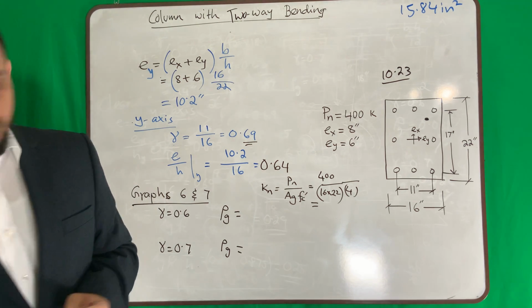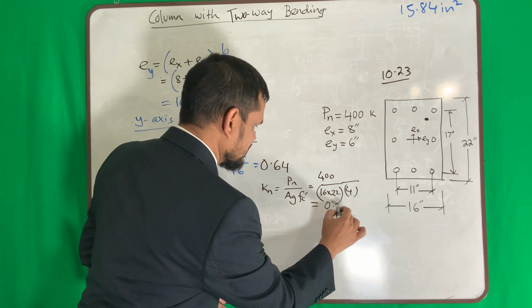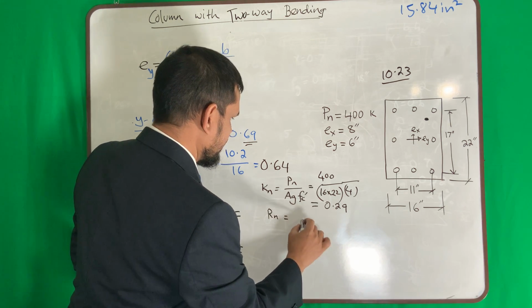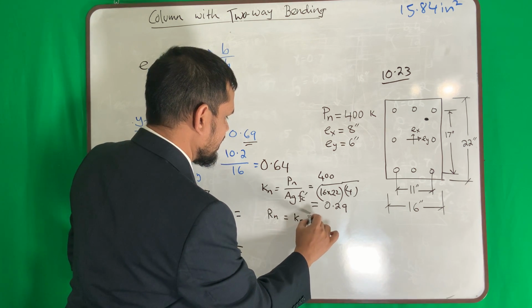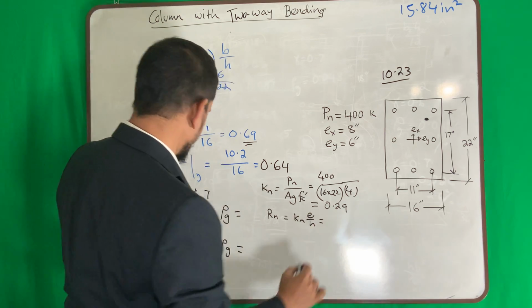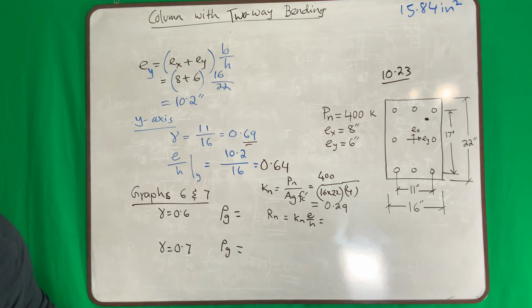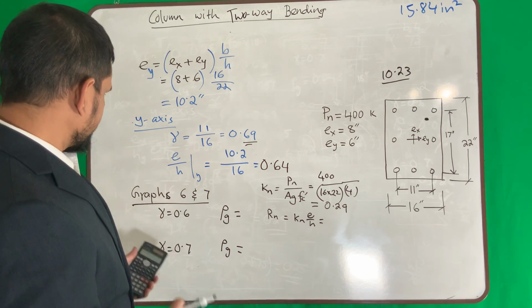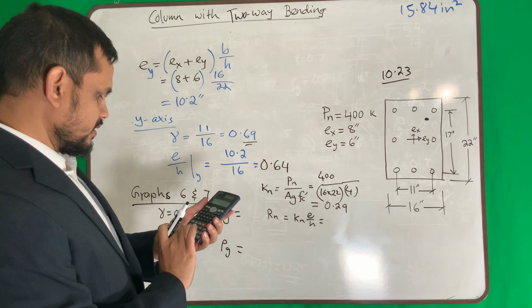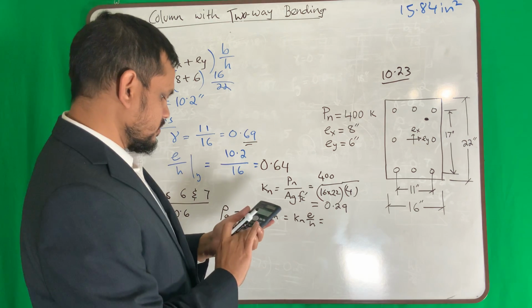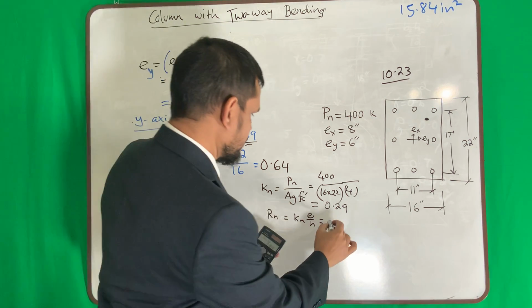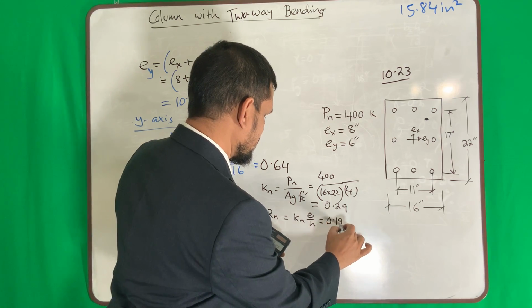So Kn will be 0.29. Rn will be Kn times e by s. So 0.29 times my e by s, 0.64. 0.29 times 0.64 is 0.19.